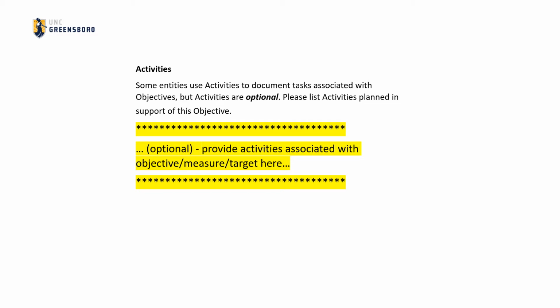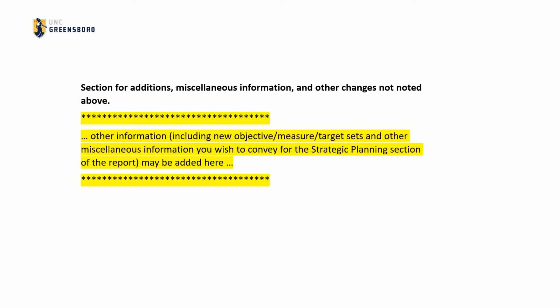Finally, at the bottom of each objective measure target set is an area called Activities. In this optional area, you may list activities you performed in association with this objective. Next, you'll find a section for additions, miscellaneous information, and other changes for the strategic objectives section.